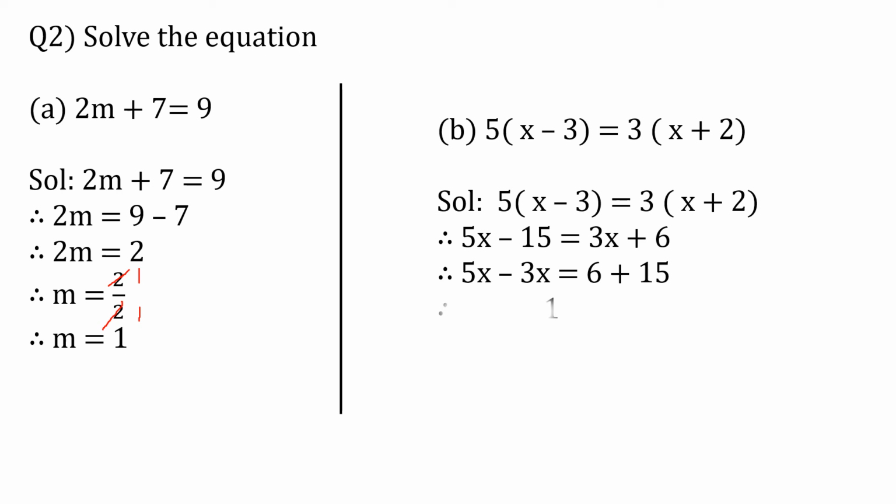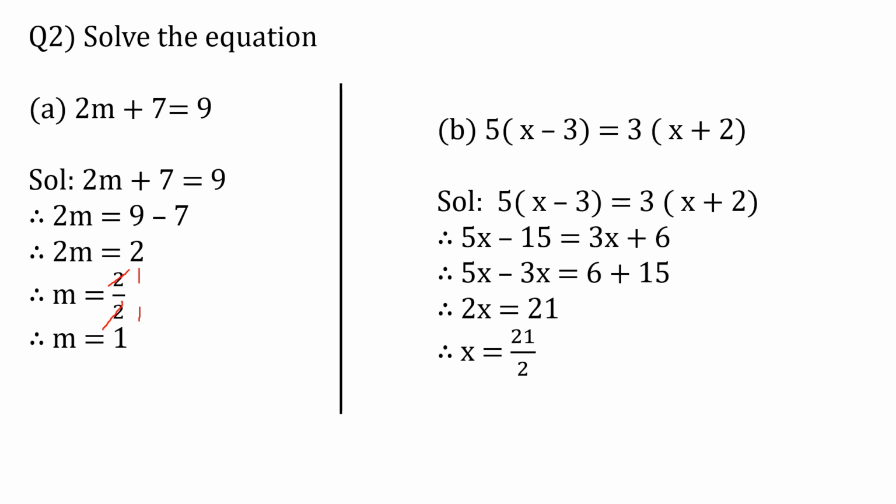So let's solve this. 5x minus 3x, student, you will get therefore 2x equal to 6 plus 15 equal to 21. So therefore the value of x equal to 21 upon 2. You will shift this 2 to the right hand side, so it will divide. So you will get the value for the variable x equal to 21 upon 2.